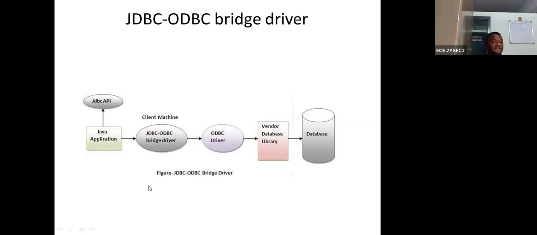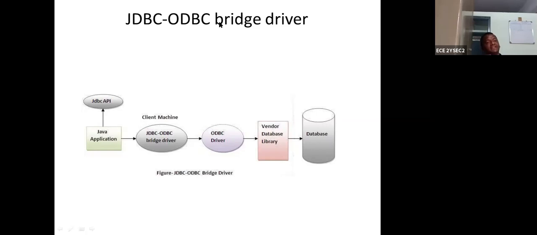Here I want to load the JDBC drivers on the client machine. What are the advantages and disadvantages? The first one: the JDBC uses the ODBC driver to connect, and the ODBC driver converts JDBC method calls into ODBC function calls.